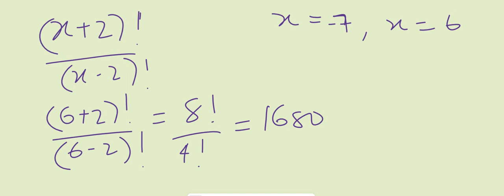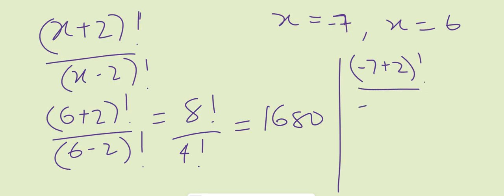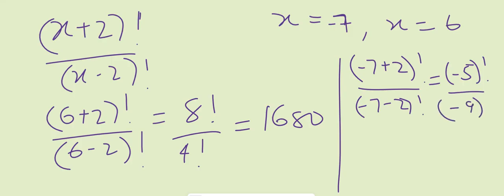Checking the second one, minus 7 plus 2 factorial over minus 7 minus 2 factorial. This gives minus 5 factorial over minus 9 factorial.